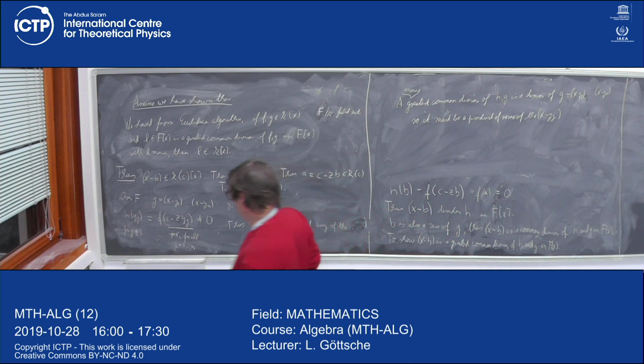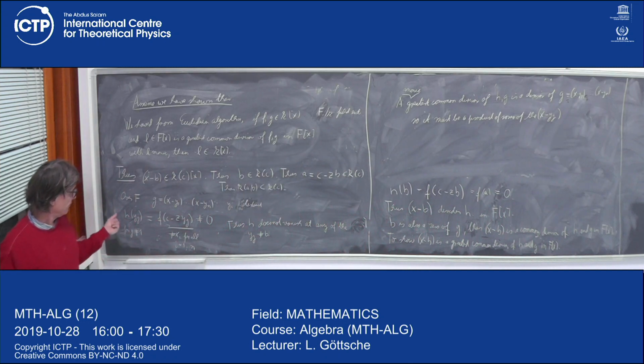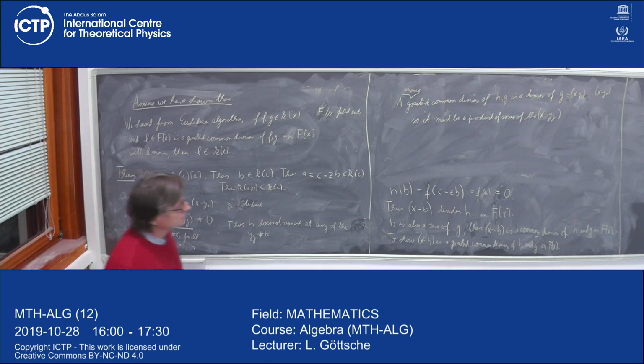But we can see it cannot contain any of the x minus yj except for x minus y1, which is x minus b, because these are not zeros of h.